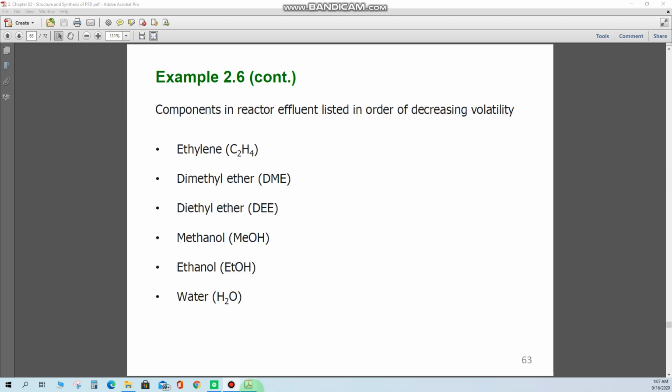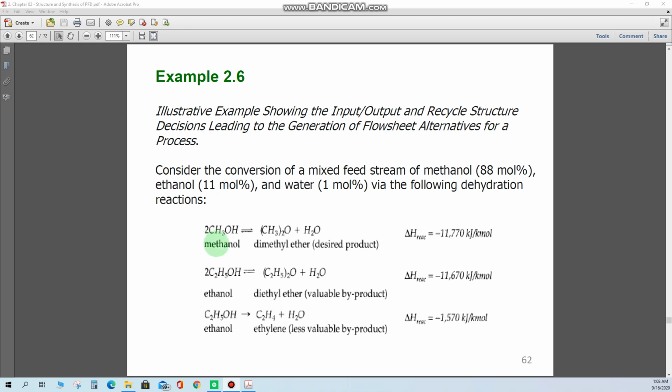Now what is our requirement here? Components in reactor effluent listed in order of decreasing volatility. Now these are all of the components that are present in these reactions. So we have methanol, ethanol, dimethyl ether, ethyl ether, ethylene, and water.